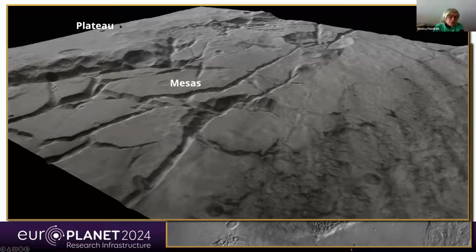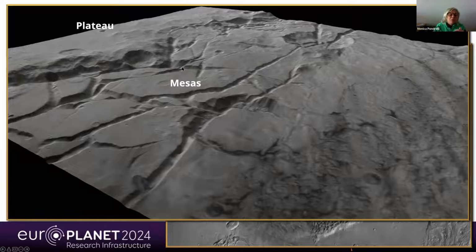Basically, the idea is that we had the plateau, then the plateau was fragmented, which means what? It means that the material forming the plateau and the material forming these mesas and also the knobs, we will see them later, is the same.